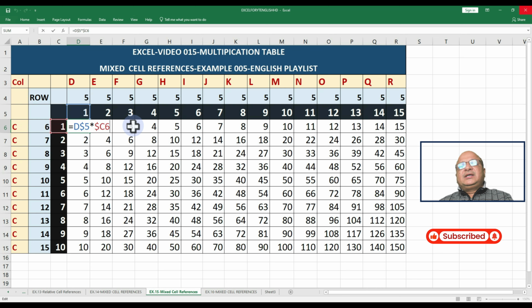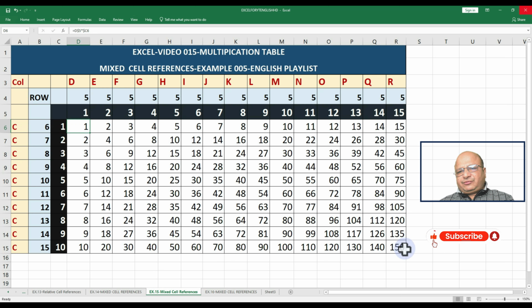This means the column reference is absolute, but the row reference is relative. So the column reference will remain the same for all the cells while copying this formula, but the number 6 will increment accordingly. So this is an absolute column reference and a relative row reference.